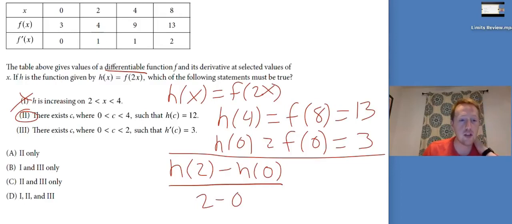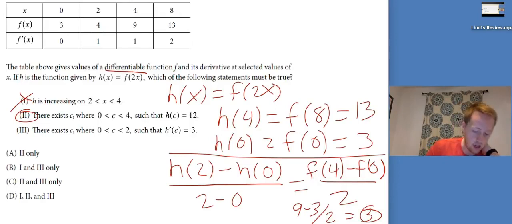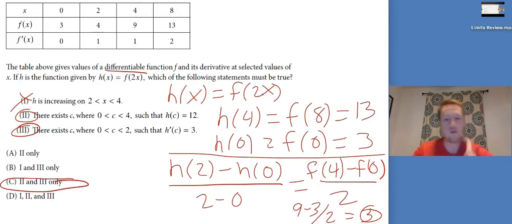If that's true, then I can say yes. Well, h of 2 should be f of 4 over 2. f of 4 is 9 minus 3 over 2, which is 6 over 2, which is in fact 3. Sorry, I got a little cramped down there, but it does in fact look like 3 is true, so 2 and 3 only is our answer. So we just needed to show that the average rate of change was 3 on that interval.